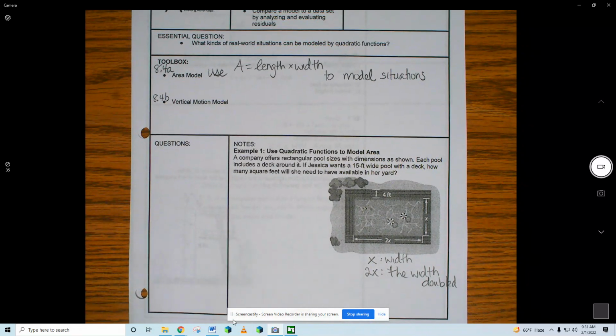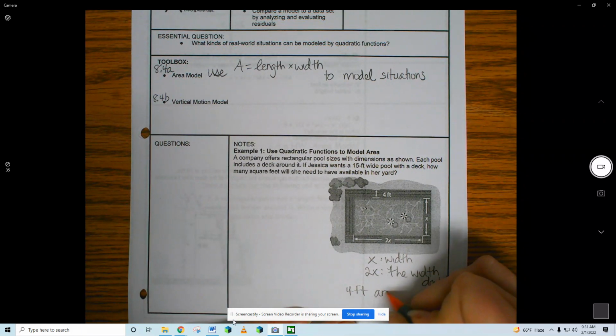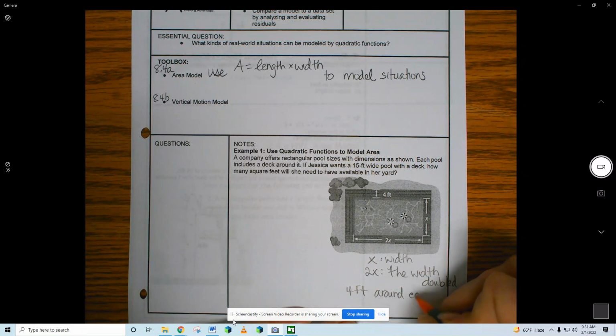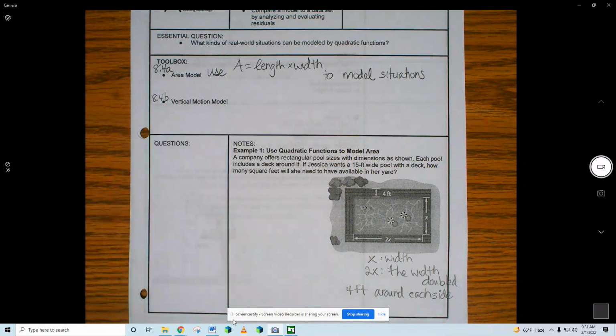Okay? 4 feet around each side. So, this is what the company is saying. The width is whatever you can fit in your backyard, that can be the width of your pool.